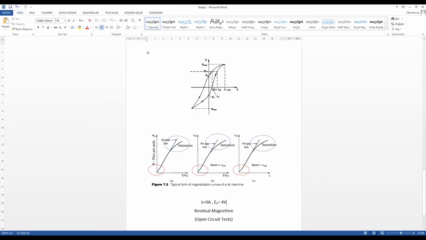This flux generates residual magnetism, and we have approximately 4 volt back EMF. From the field current and flux or back EMF graphs, this can be easily seen. We see this relation and the underlying reason of this phenomenon by explaining the residual flux or residual magnetism in this system.